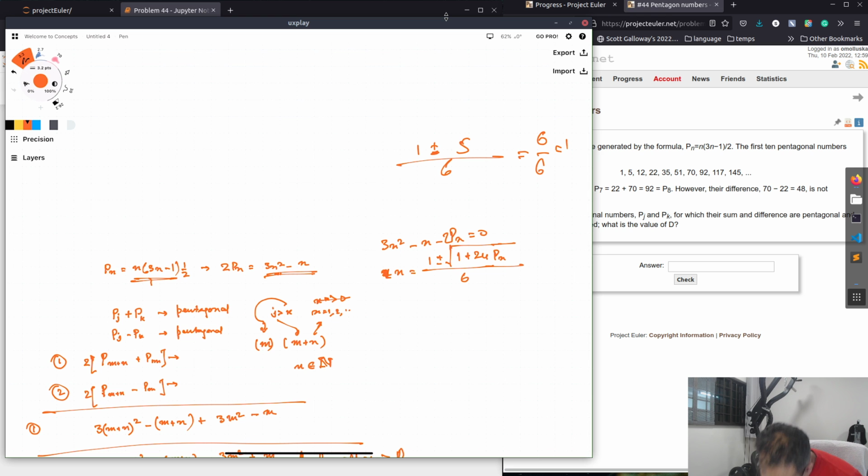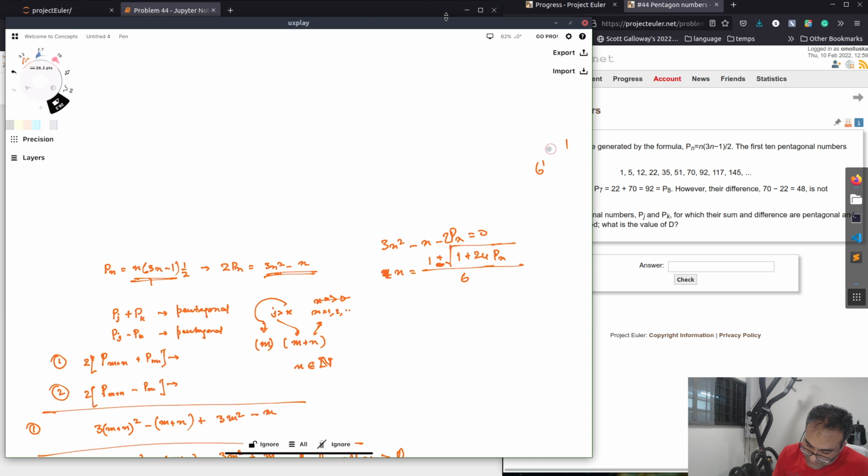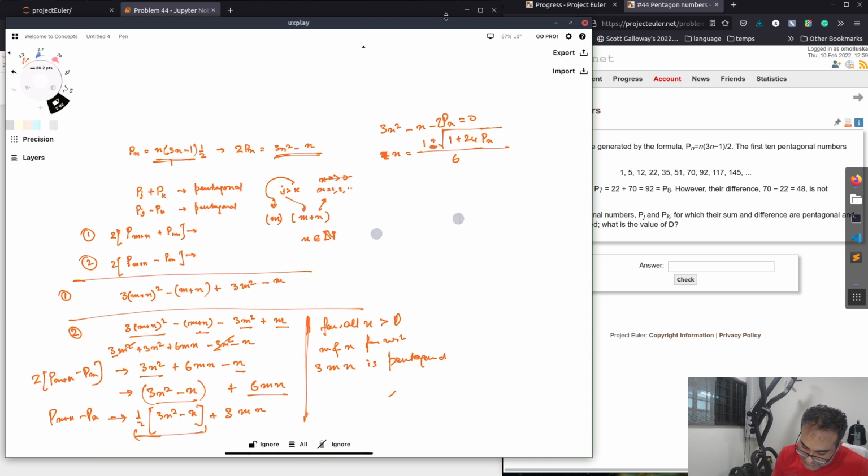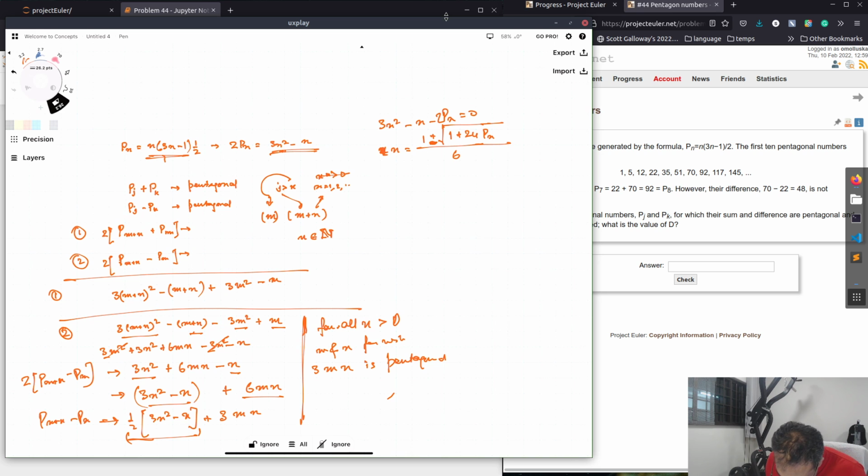This relationship has to be positive, so it cannot be negative. So if we have any number, we can check whether it's pentagonal by checking if this is an integer. If that is an integer, then it's pentagonal. So we can check if this is pentagonal for all values of m and n. This has to be pentagonal.